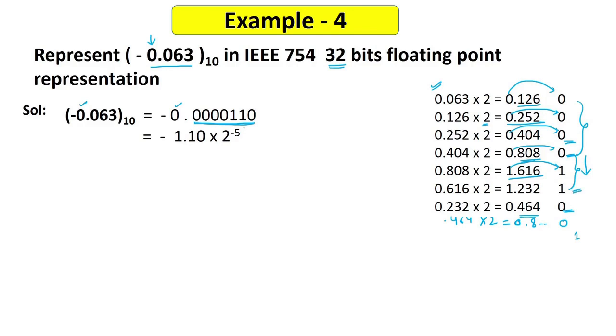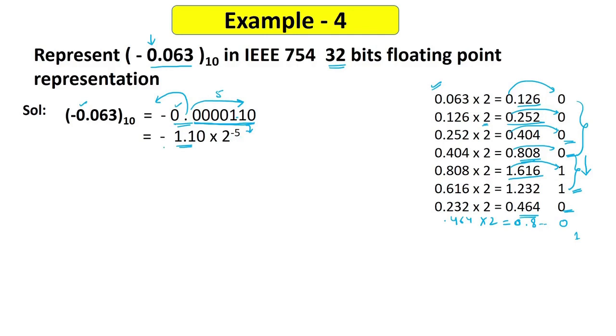Okay, so now I will convert this total representation into normalized form. Here you can see I cannot move to the left side because there is no 1, right? I will move to the right side to make it a normalized number. Okay, so if I shift this one here, it will be 1.10 times 2 to the power of -5, because I have shifted 5 places to the right, so I have used the negative exponent, that is -5.